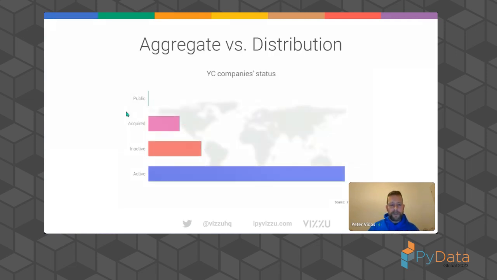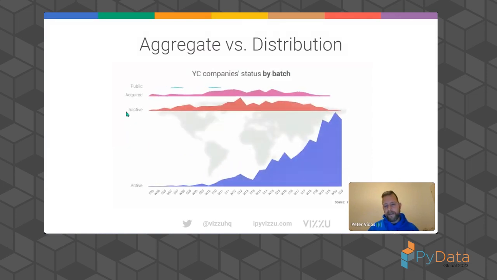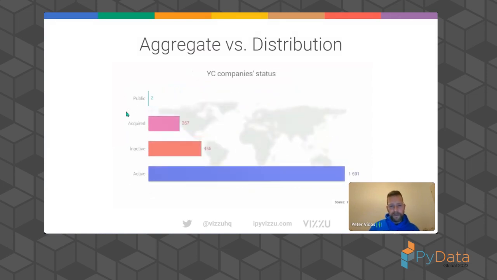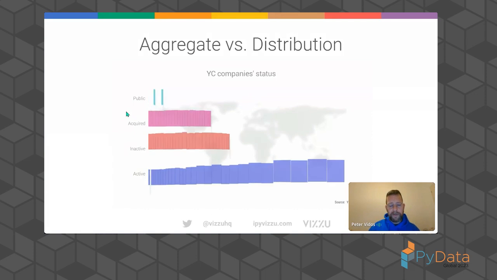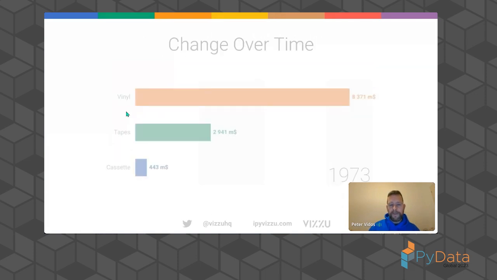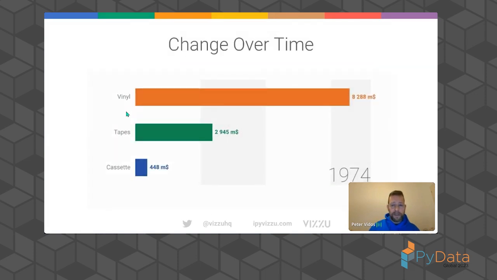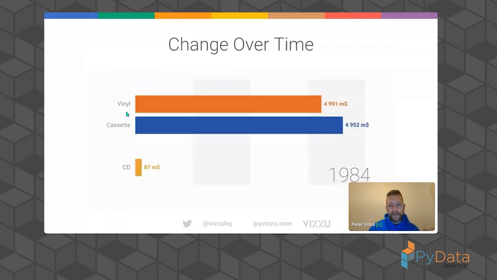You can also just switch between aggregate and values and distribution over time, just like we did with the music data. You can show change over time using animation and time as an additional dimension compared to static charts.